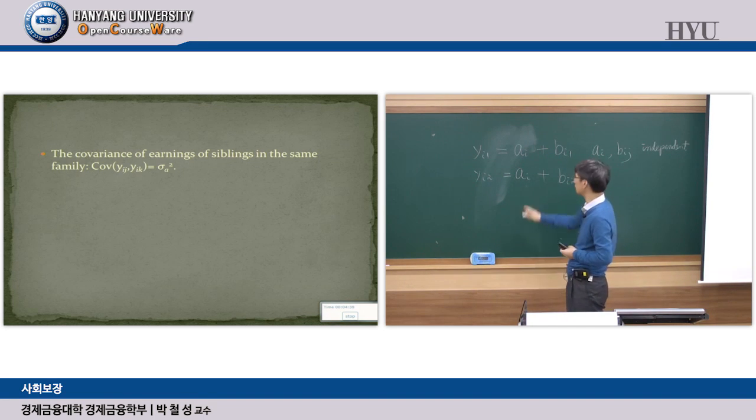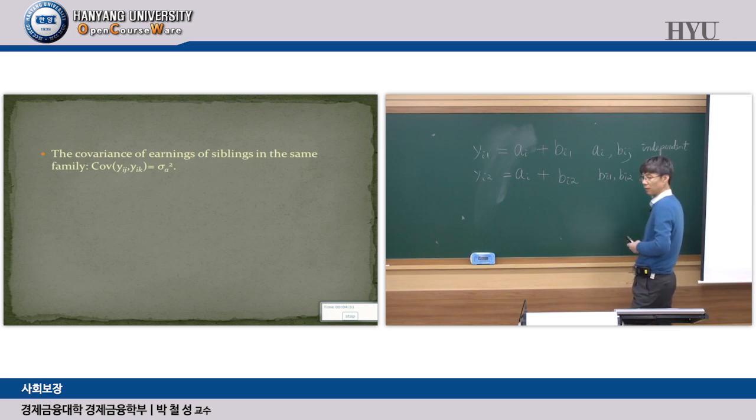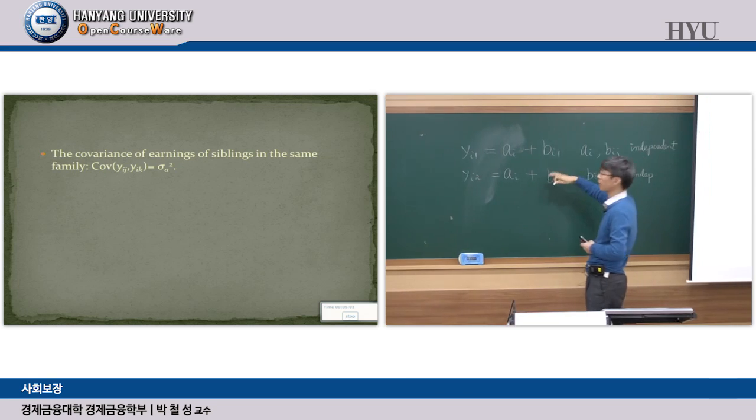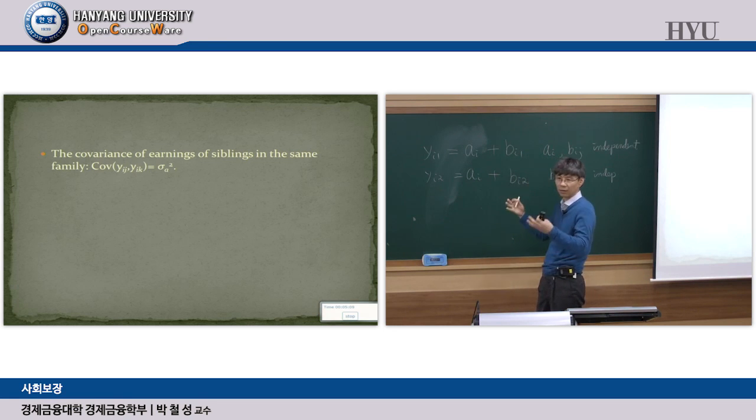Even genetic factors are in Ai. And then we also assume that Bi1 and Bi2 are independent, meaning their individual factors have nothing to do with each other. You can think of this as his or her own luck, or own personality minus all the shared personality. It's very individual-specific, nothing common.